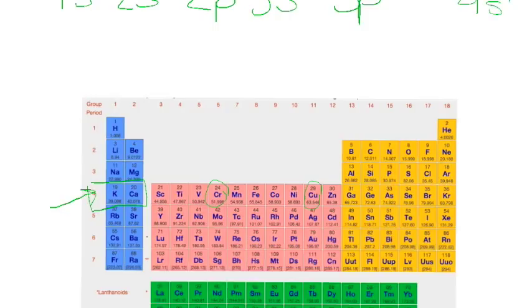Then we need to have a look at the 3D shell. So where we should normally have 4 for chromium in the 3D shell, we actually need to have 5 because there's 1 missing in the 4s shell. So it should be 3d5. And remember, you can do a check by adding up all of the numbers along the top. Similarly, copper has the same rule.